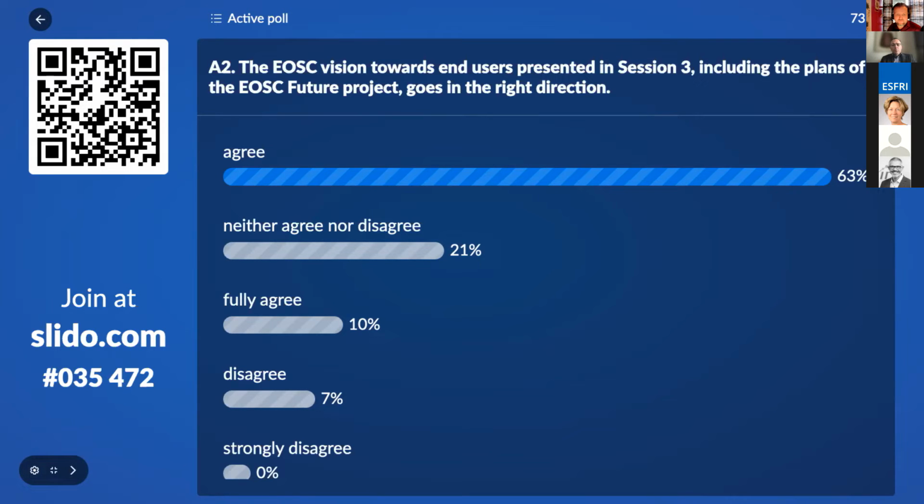So we've established a user group and are consulting with that group to get feedback on the developments, but I think we need to enhance that more and do more of that to make sure that EOSC is understandable. And like Anne said, you need to pick up on specific use cases because often researchers are coming through their disciplinary communities and maybe don't have awareness of EOSC or the overall vision and concepts, and the range of services could be quite overwhelming.